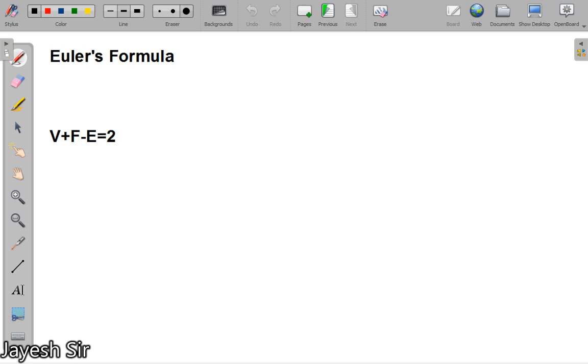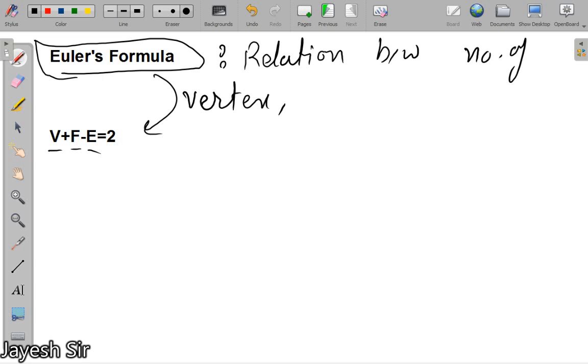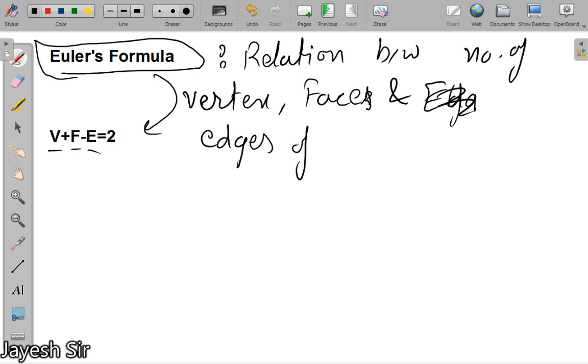Okay, lastly आप लोगों को note down करना है Euler formula. Euler formula is a relationship between vertex, faces and edges of a polyhedron. Okay, Euler formula is the relation between number of vertex, faces and edges of a polyhedron.